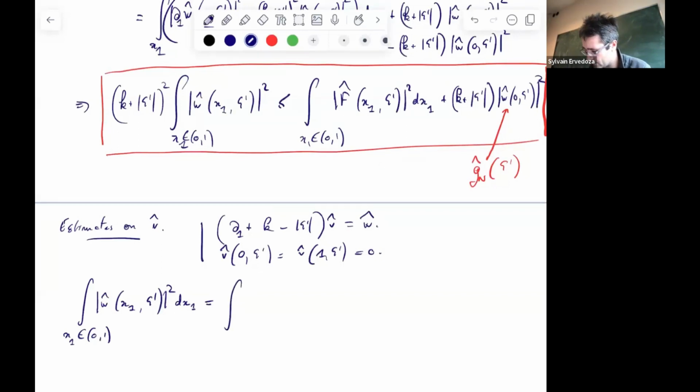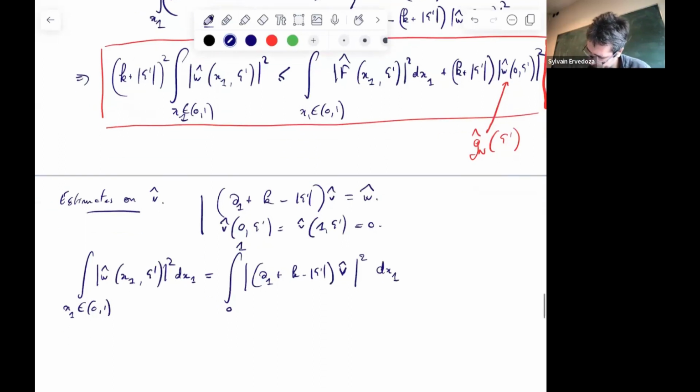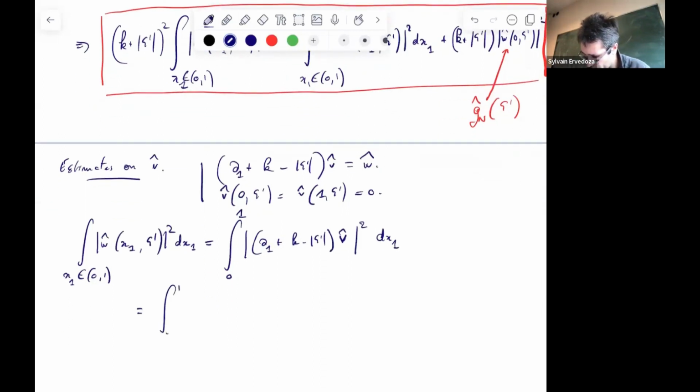So I'm going slightly faster maybe. This is the integral of d1 plus k minus psi prime of v hat squared dx1. So this is the integral from 0 to 1 of d1 v hat of x1 psi prime squared plus k minus psi prime squared v hat of x1 psi prime.